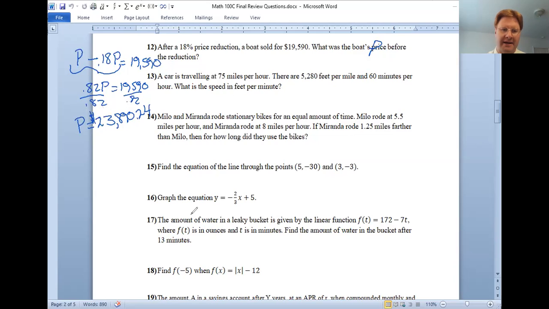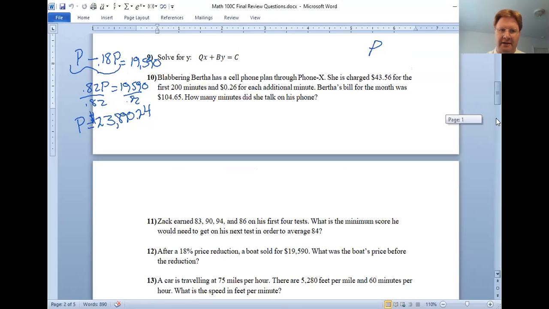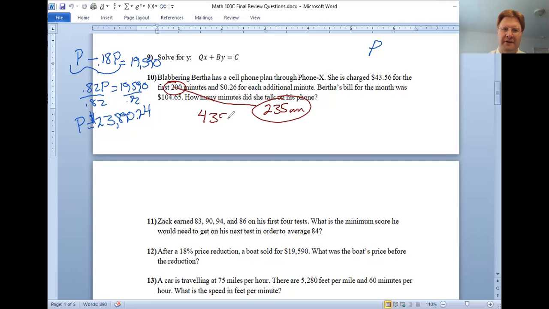There was something back up a little bit before that we didn't do, and I really apologize for that. Blabbering Bertha. Let's go back and fix that right now. We need to clarify. She had 235 minutes, but then she had an additional 200 for that first amount she paid, so total was 435 minutes.